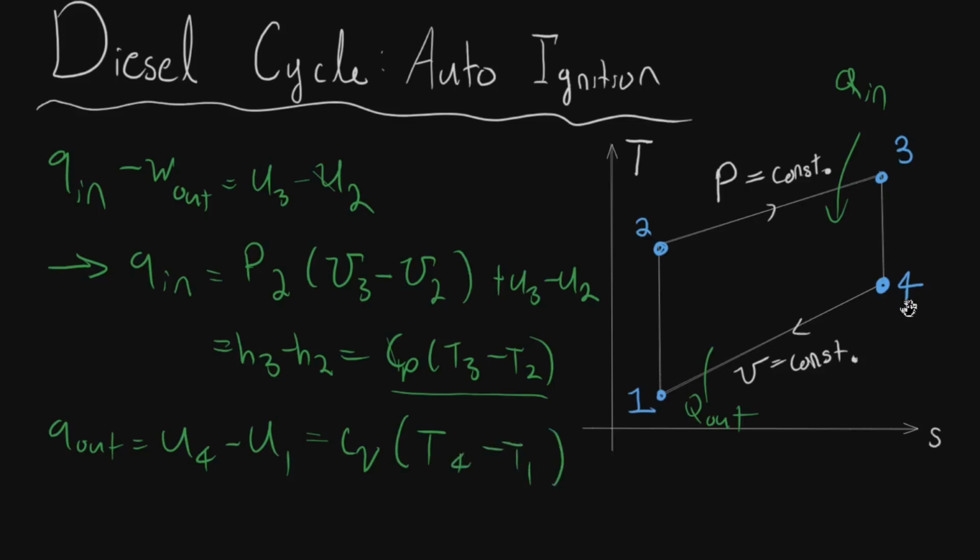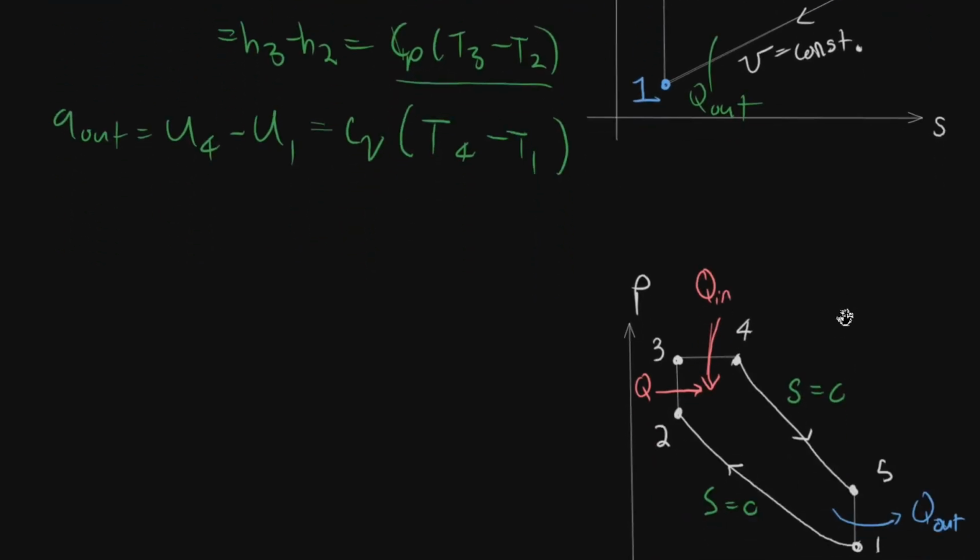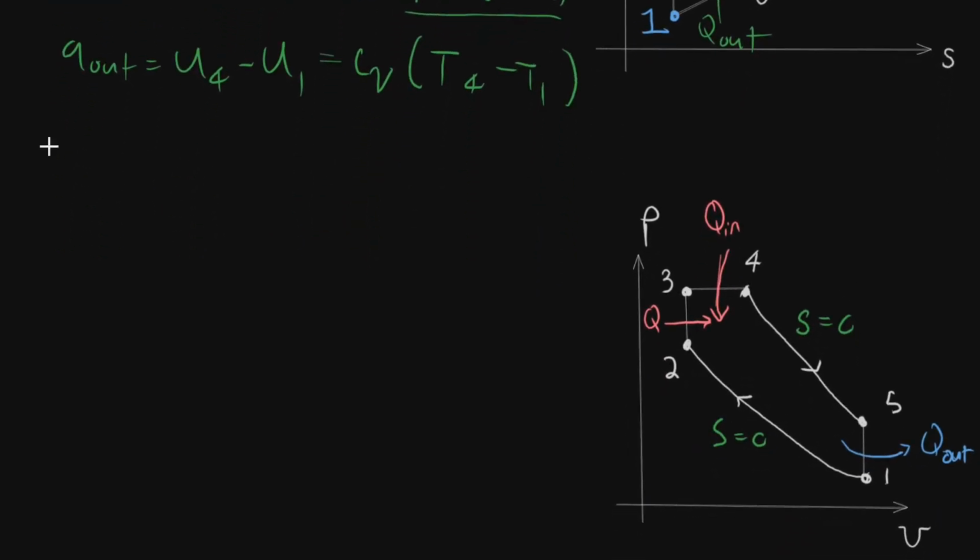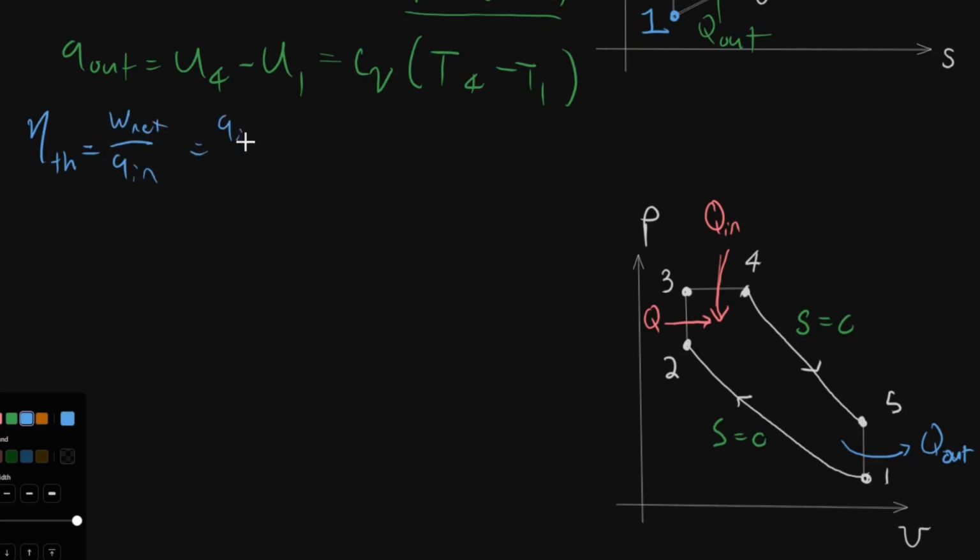Right? And so now we can get our thermal efficiency. Basically we would just do the same thing and plug things in. So our thermal efficiency is our W net over Q in. We've seen this before, which equals Q in minus Q out over Q in, which equals 1 minus Q out over Q in.